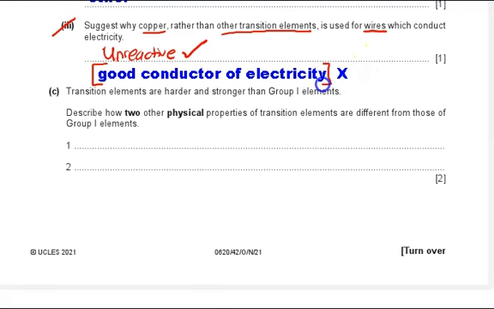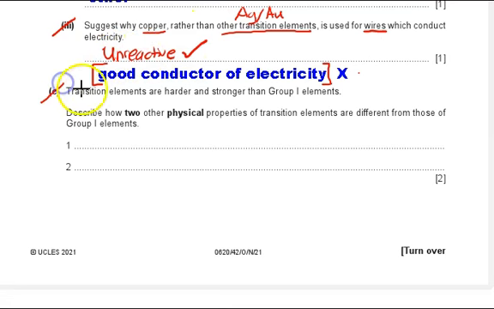This is a big no-no because they are comparing. Why copper rather than other transition elements? Remember, other transition elements like silver and gold are better electrical conductors compared to copper. So we cannot answer this. We have to answer unreactive.